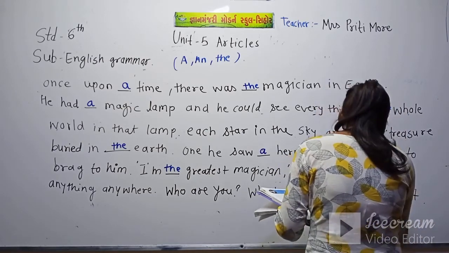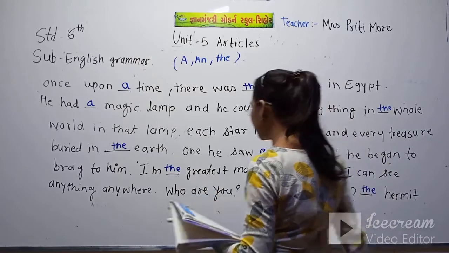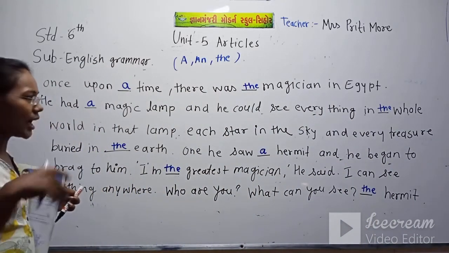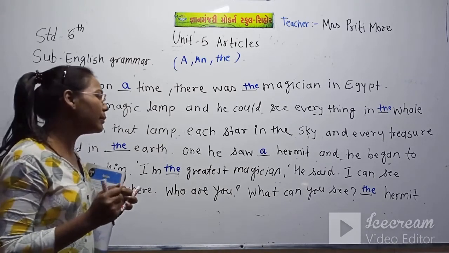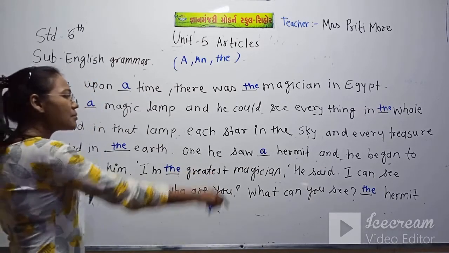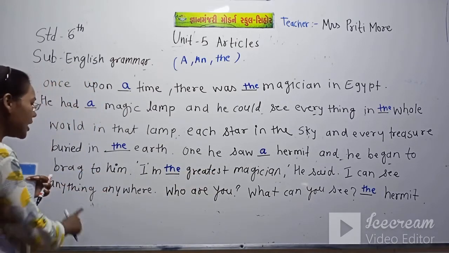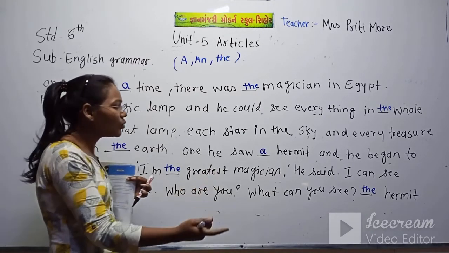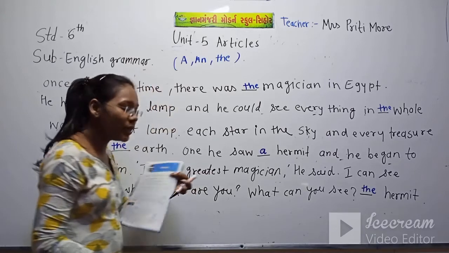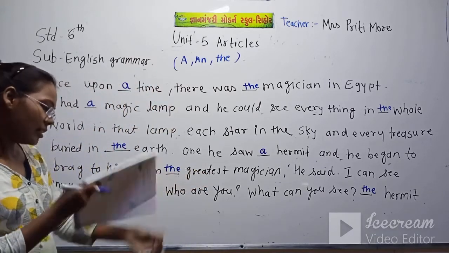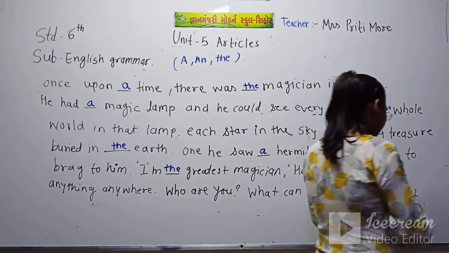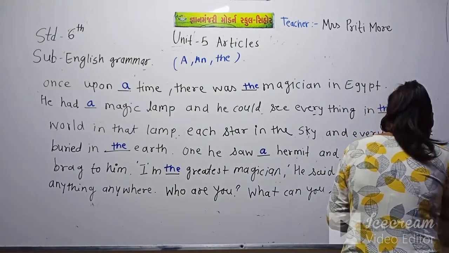So which article will come here? The hermit. The magician told the hermit, I am the greatest magician and I can see anything anywhere. Now the hermit is asking, who are you? What can you see? The hermit asked. The hermit smiled.